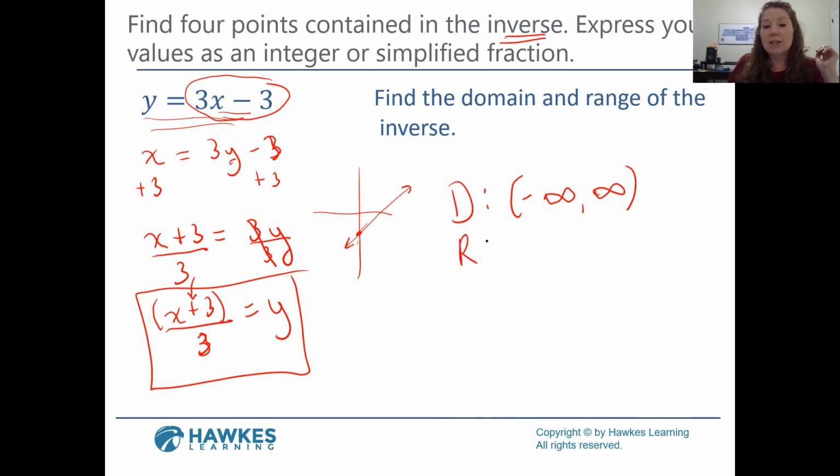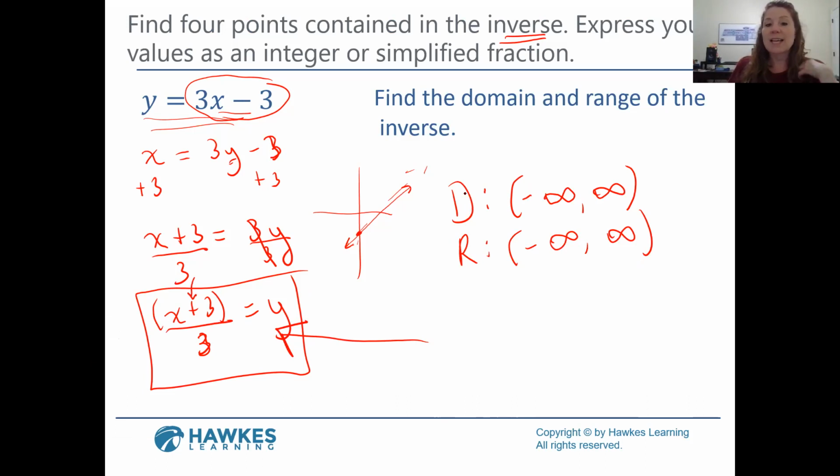And then the range, would this ever stop going down, or would this part ever stop going up? No, it would also be from negative infinity to positive infinity. So for the inverse, we're going to make the domain the range and the range the domain. So guess what? They're going to be the same.